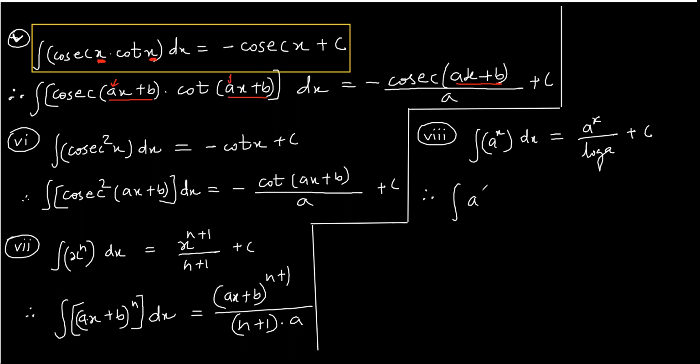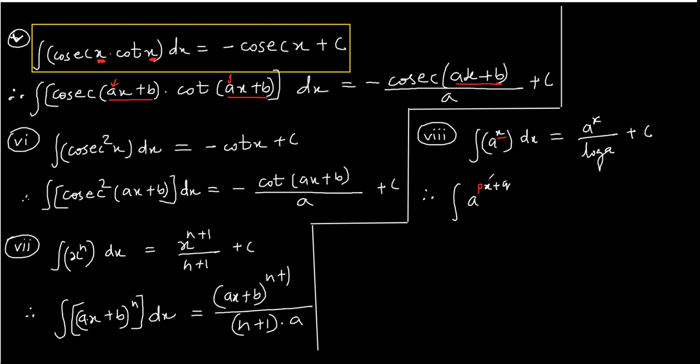But this time I'm writing the linear algebraic as px plus q. I'm not writing ax plus b. See, till here I had been writing, in all these I replaced x by ax plus b, but here I'm replacing this x by px plus q.